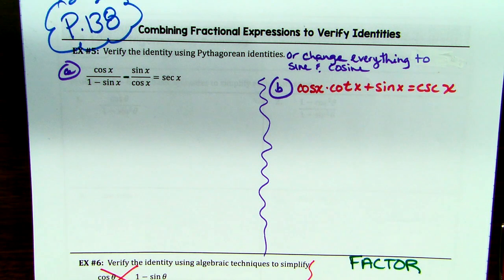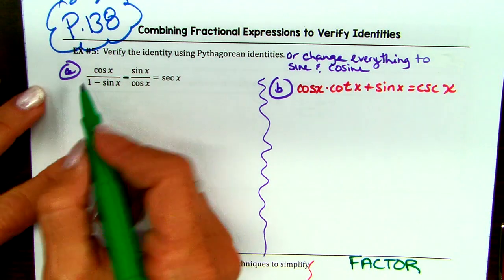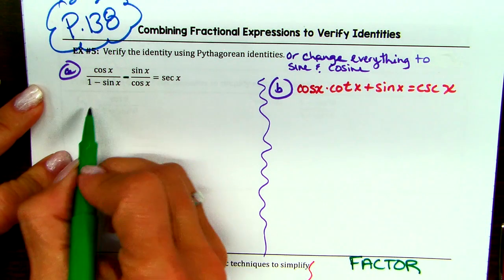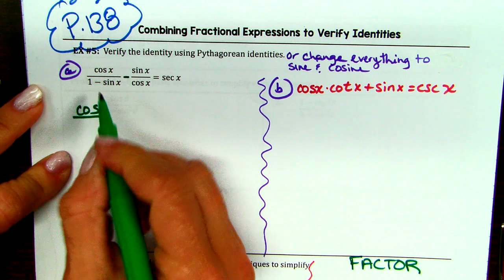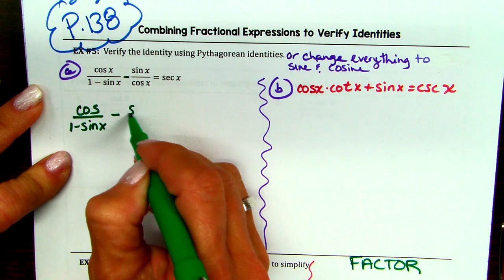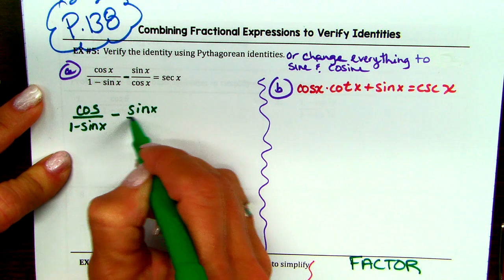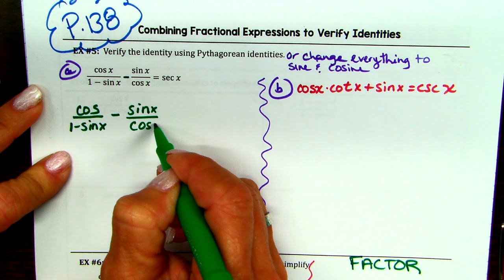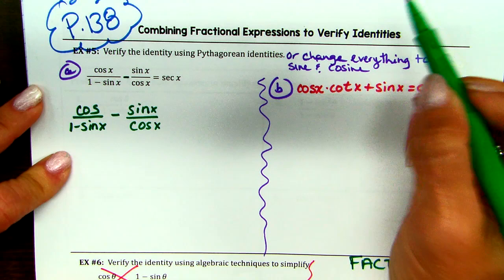So then I say, okay, to subtract, I need common denominators. So what I'm going to do is, because I write so big, I'm just rewriting this left-hand side right now. I need to find a common denominator for these two fractions. Now remember, common denominator, if I gave you just regular old numbers or letters.